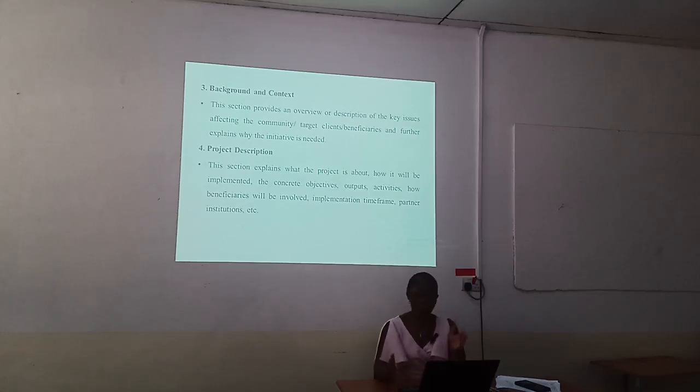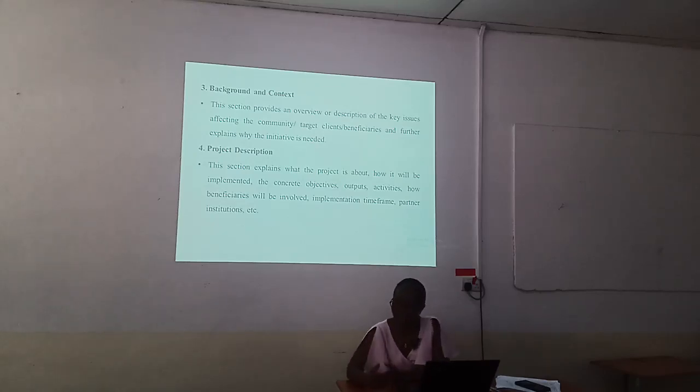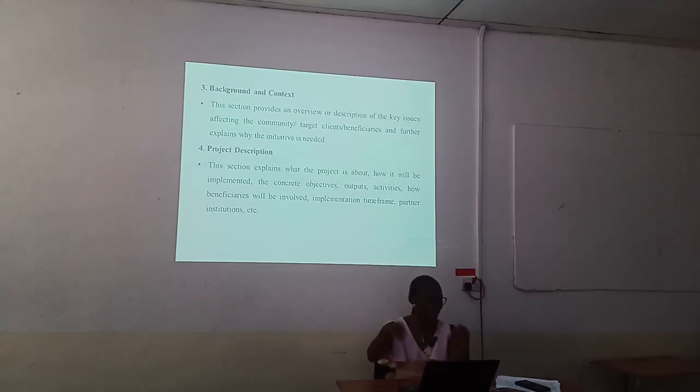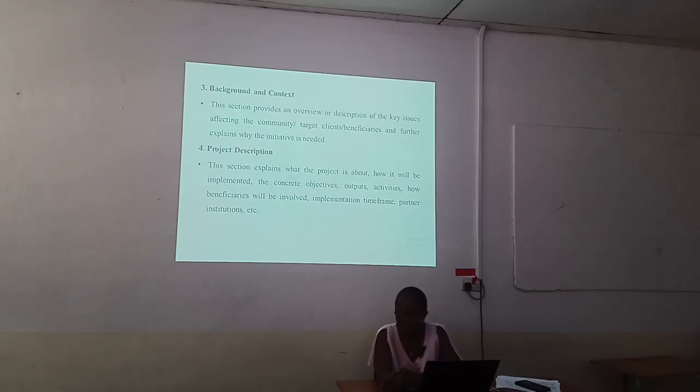Because a project is something broader, but under each project you have activities that you are going to undertake to achieve your goals. So you need to outline each and every activity that you are going to undertake in that project. And also you need the time frame for each activity.